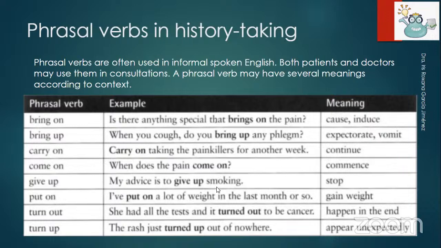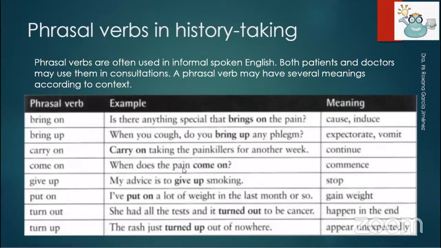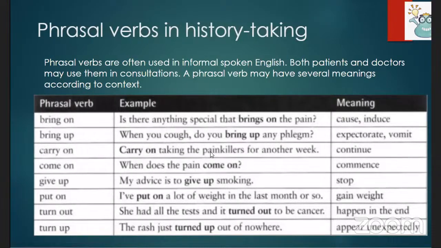She had all these tests and it turned out to be cancer. So she had all the tests and it happened in the end to be cancer. I mean, the tests are showing us this situation. Yeah, they turned out. Sometimes this diagnosis is not expected, but well, it happens.